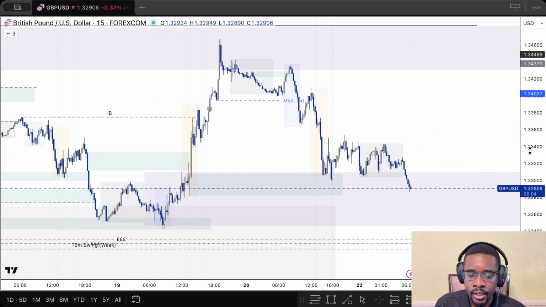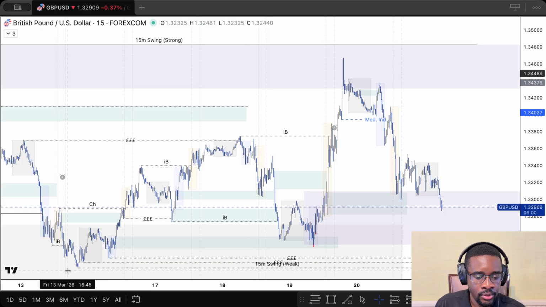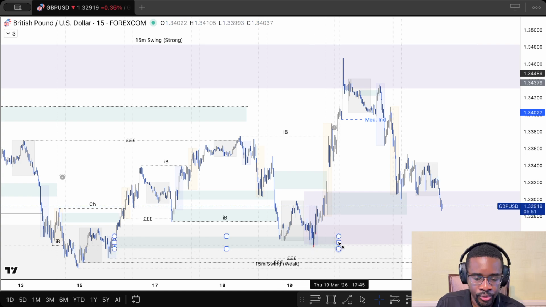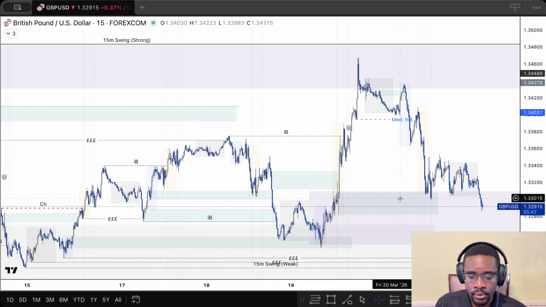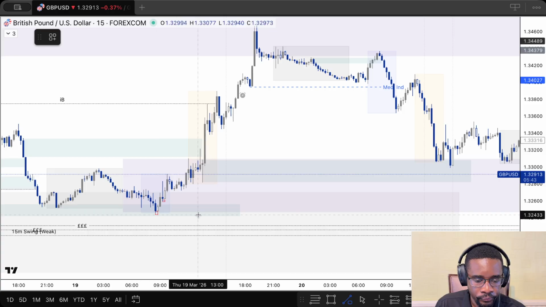I do have these weak areas nested. So we have this structural low, Asia low, a London low, another London low, another structural low right there.